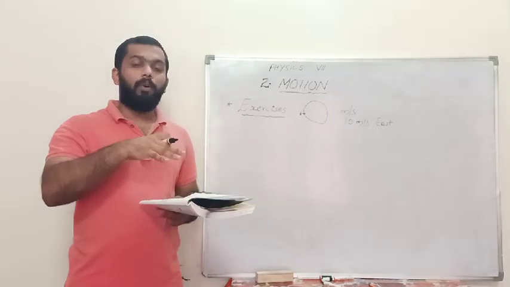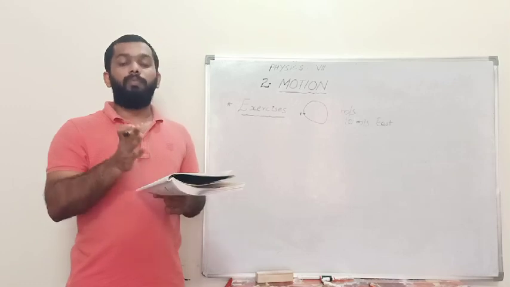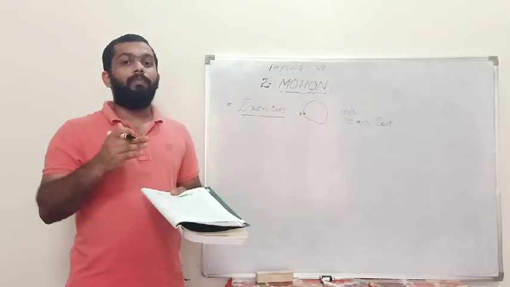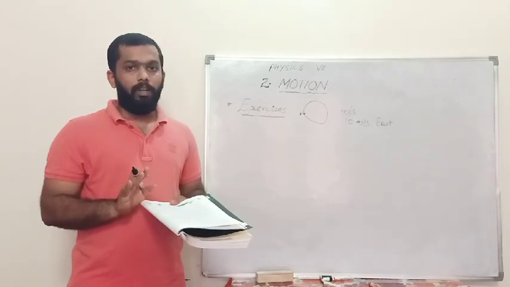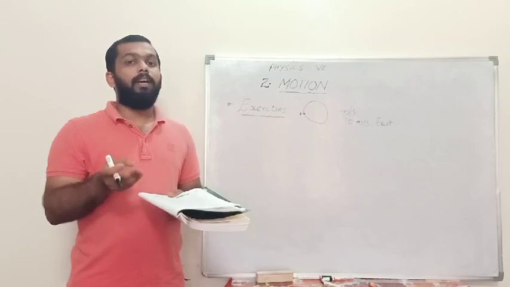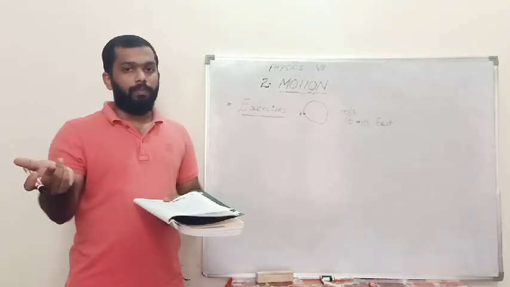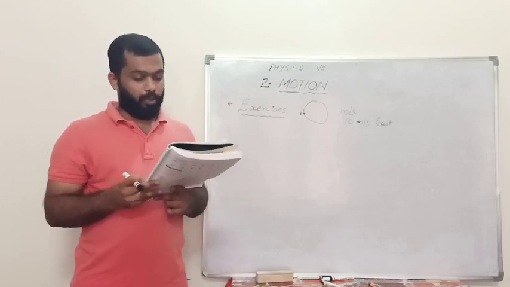But think about a city area. There will be traffic jams, curves, or people crossing the road. At that time we are not able to maintain the same speed for the vehicle. So the vehicle does not cover equal distance in equal intervals of time. So it is called non-uniform motion.